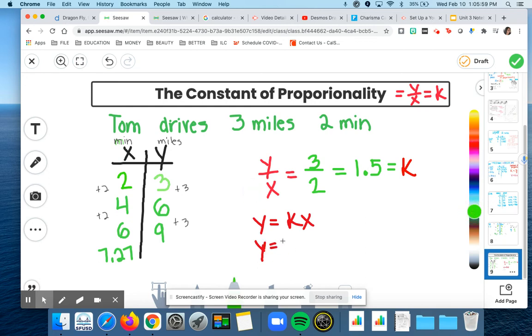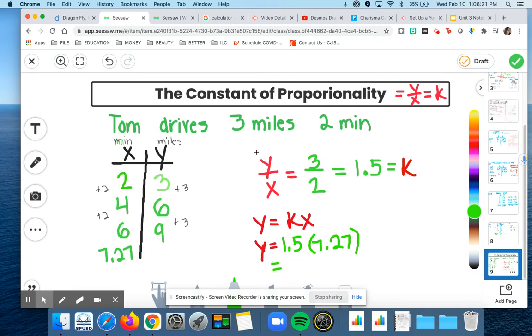What was it? 1.5. And I also know X. Now, when we get higher up, we don't use times to multiply. We use parentheses because then it gets super confusing. So then I have 1.5 times 7.27. That's going to give me my Y.